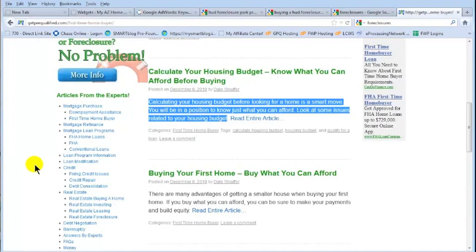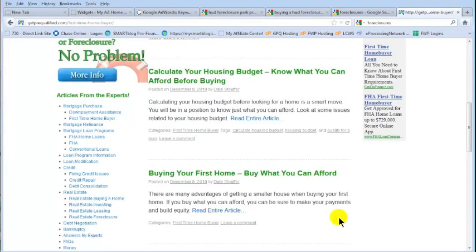The other thing is user experience. Now you have a user who's seen "calculating your housing budget" in 4 different categories. They might say, doesn't this person have anything else? I've already read this. Why am I seeing it again?